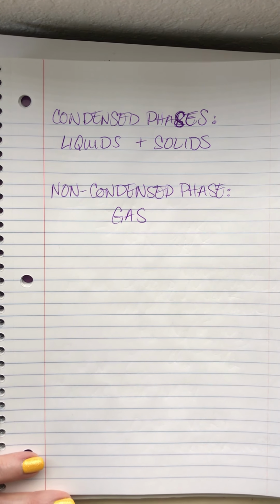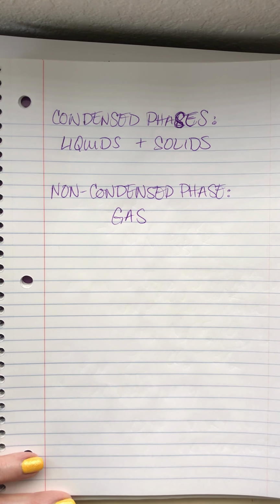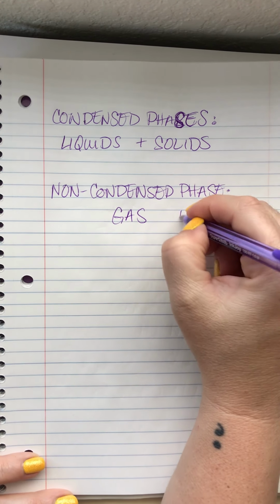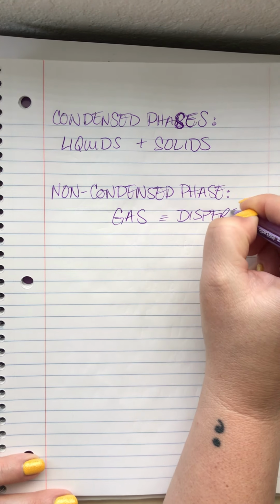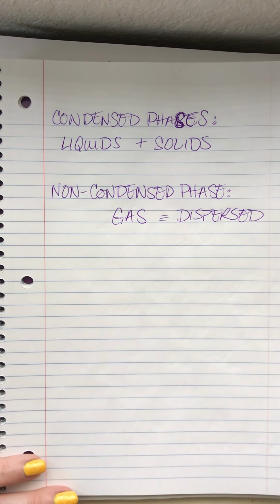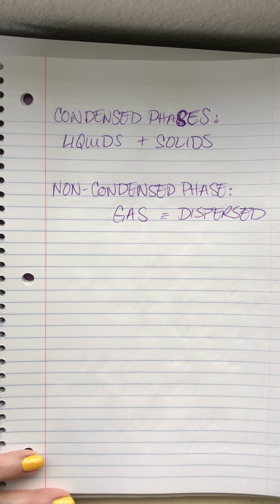Okay. So condensed means stuck together or more tightly packed, whereas a gas is going to be disperse. So that's kind of the language we use around that.